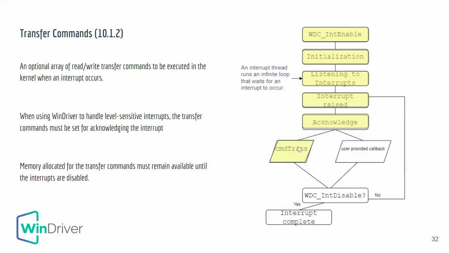What is a transfer command? A transfer command is an optional array of read or write transfer commands to be executed in the kernel when an interrupt occurs. Okay, so you can define a transfer command, and when interrupt is raised, the transfer command will be executed. When using WinDriver to handle level-sensitive interrupts, the transfer command must be set for acknowledging the interrupt.